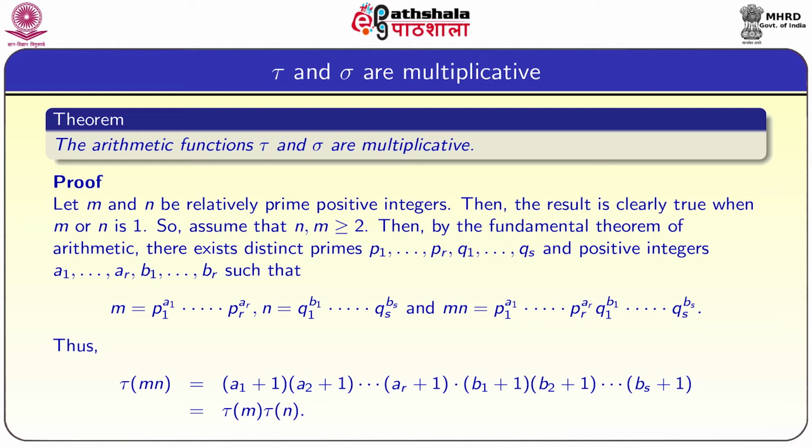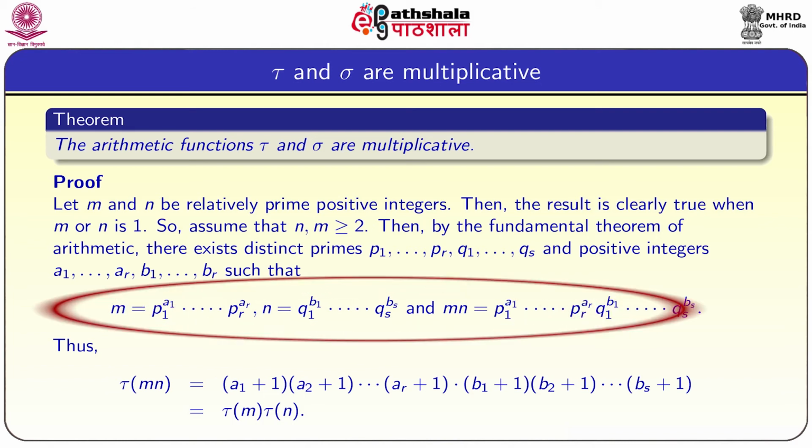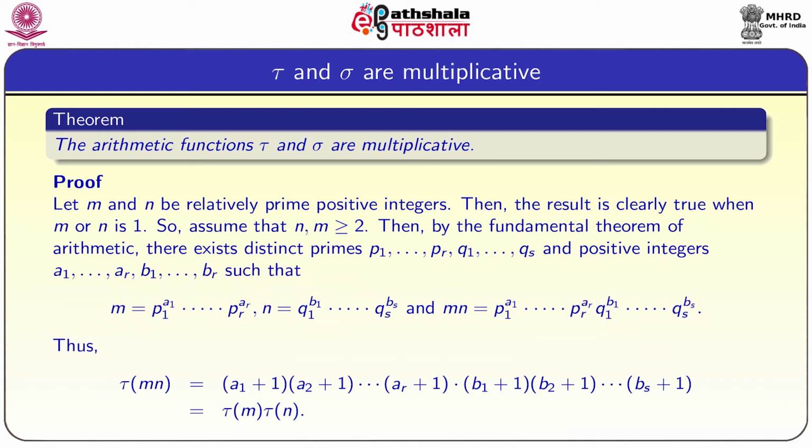Then by the fundamental theorem of arithmetic there exist distinct primes p1, p2 and so on pr, q1, q2 and so on qs, and positive integers a1, a2 and so on ar, b1, b2 and so on bs, such that m is equal to p1 power a1 and so on pr power ar, n is equal to q1 power b1 and so on qs power bs.